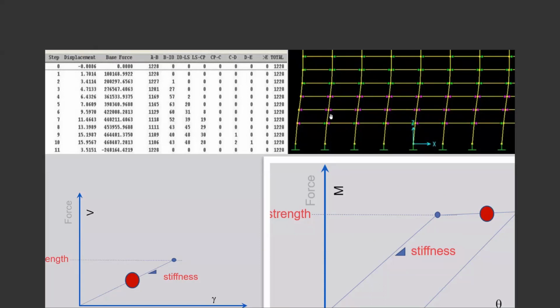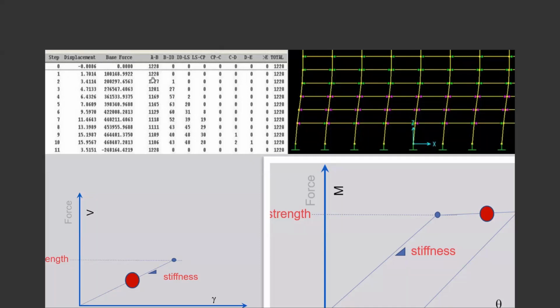They both can be shown graphically, or here it shows at each stage, each step, how much is the top displacement, how much is the total shear applied with that load pattern to the building.